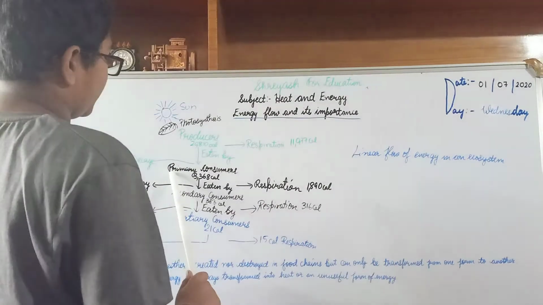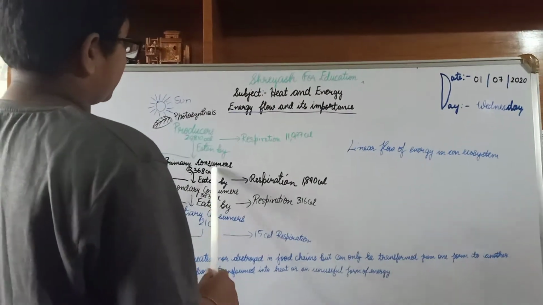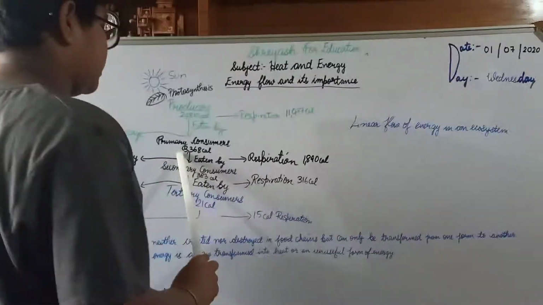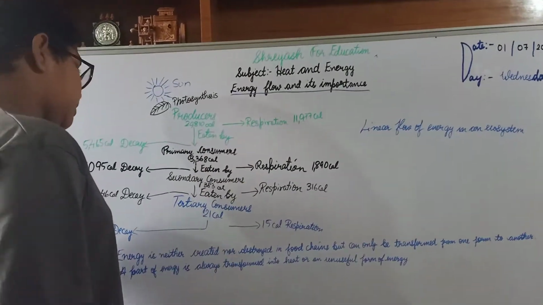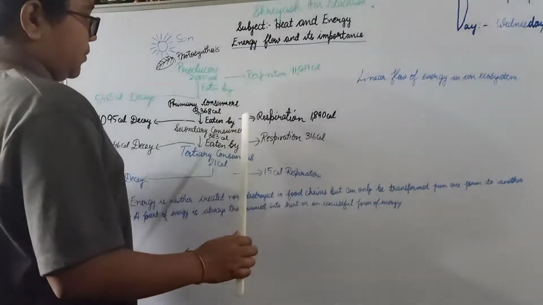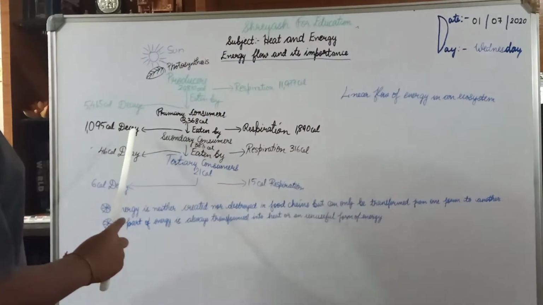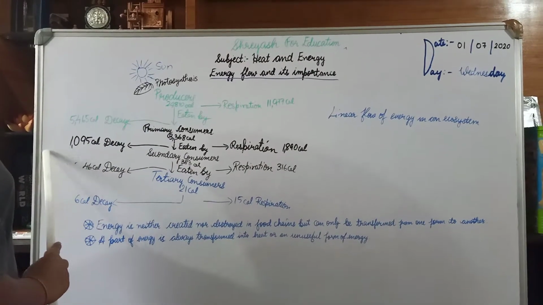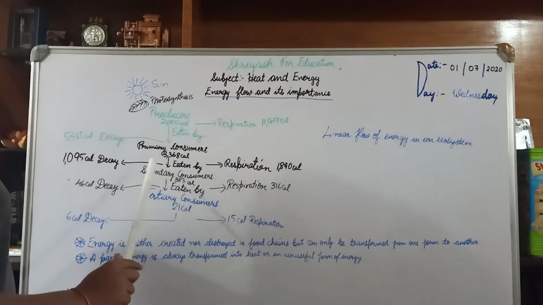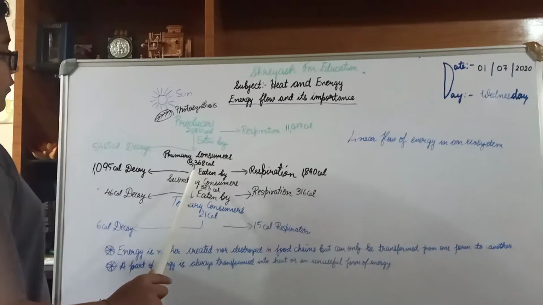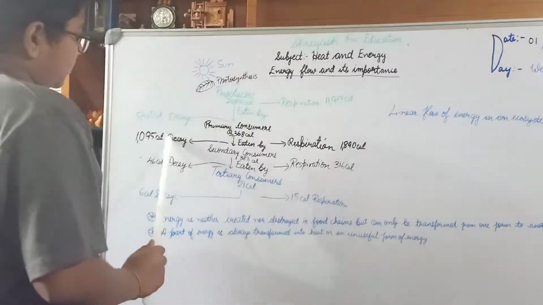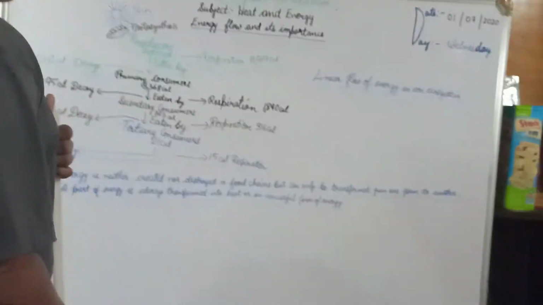Primary consumers get 3,368 calories, in which they spend 1,890 calories for respiration and 1,095 calories for decay, and after they are eaten, they spend this amount for decaying.